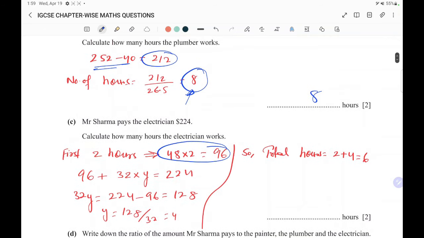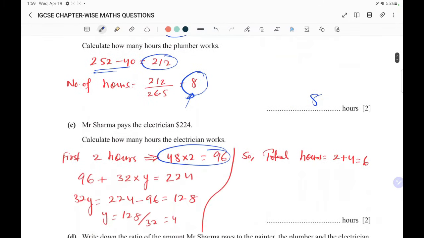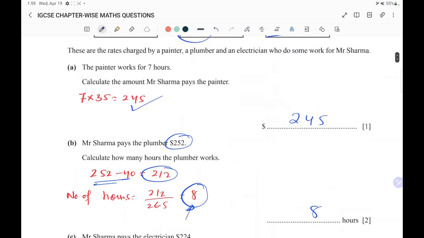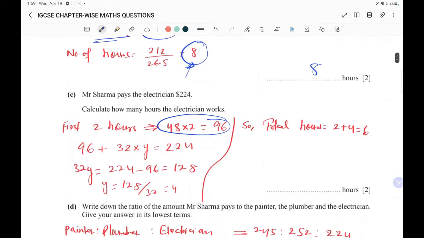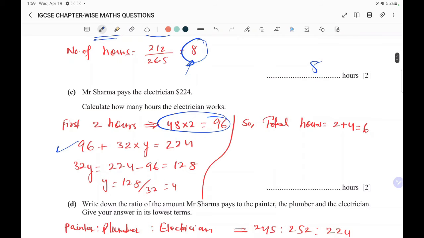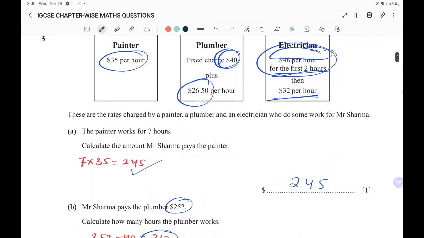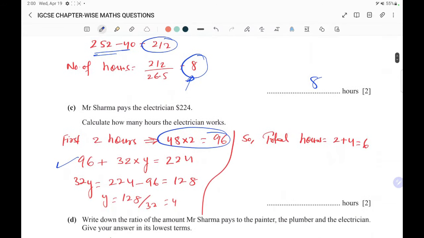Now for the first 2 hours we already got $96. Now for the next y hours, I have considered he will work y hours as electrician. So for 1 hour $32, so for y hours it is 32y.